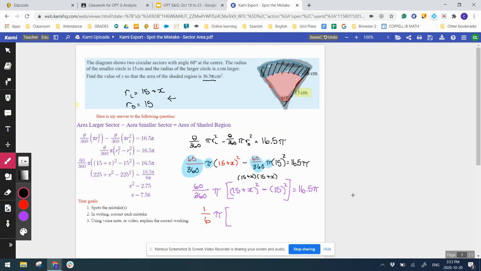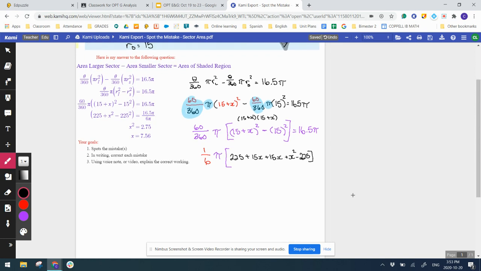So 15 times 15 gives me 225. 15 times x gives me plus 15x. X times 15 gives me plus 15x. X times x gives me plus x squared. Then I have this minus 15 squared, so minus 225.